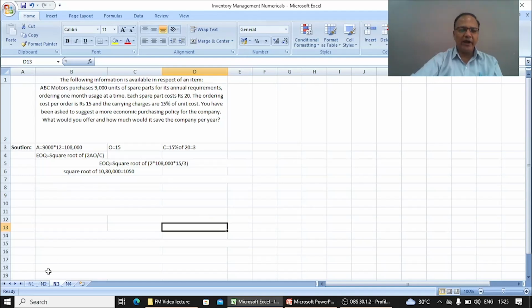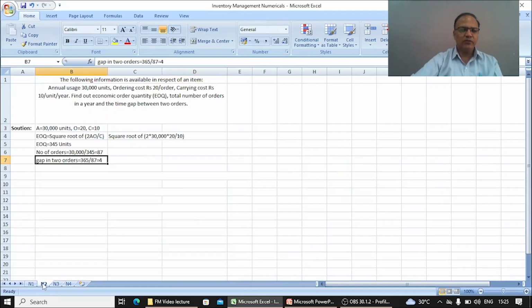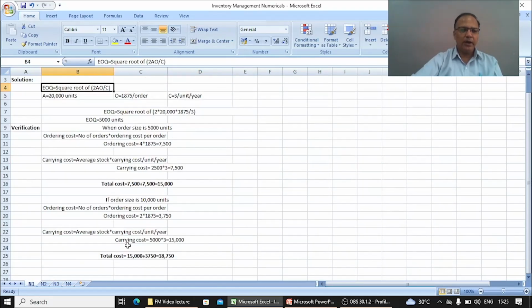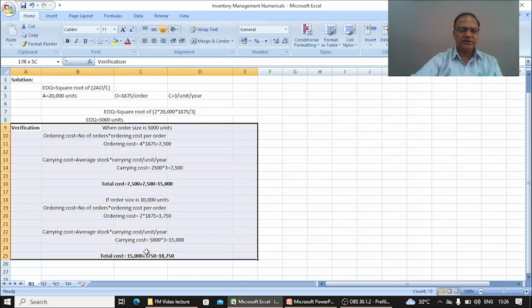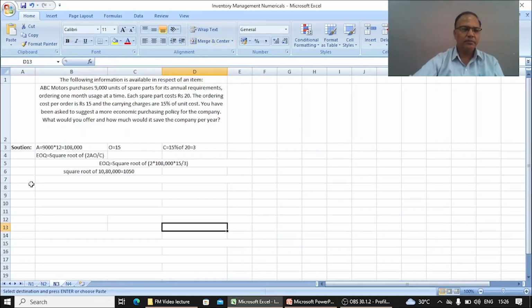Now, if you have to find out total cost, then you have to apply the same formula in this style. Let's take the help of the last numerical so that we may reduce some time.